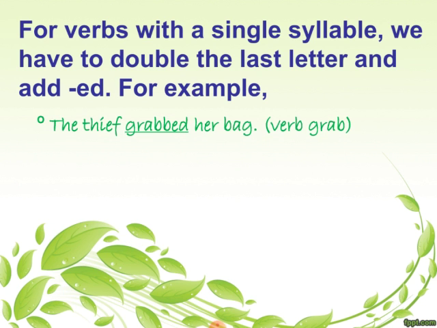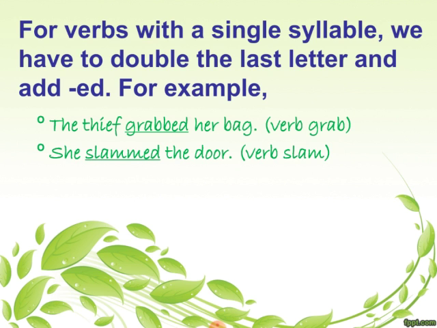For example, the thief grabbed her bag. Verb is grab. Grab means one syllable, so you double the last alphabet B, it becomes double B, and add ed. So grab becomes grabbed.